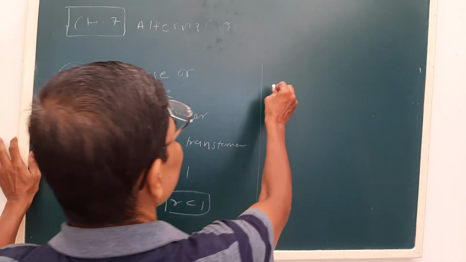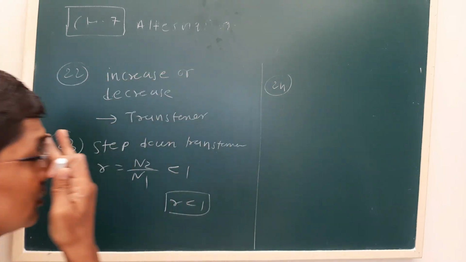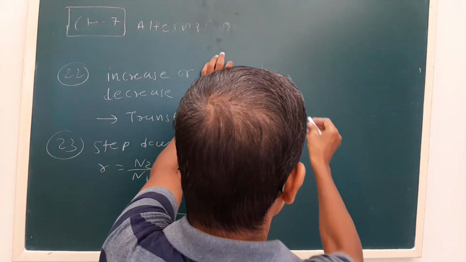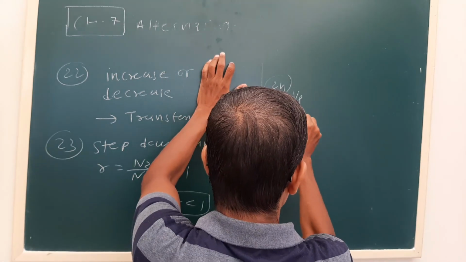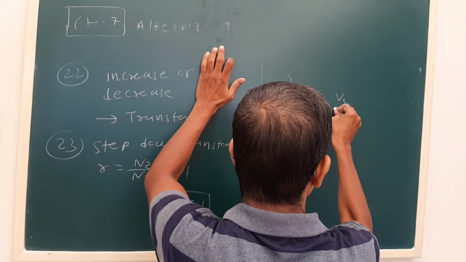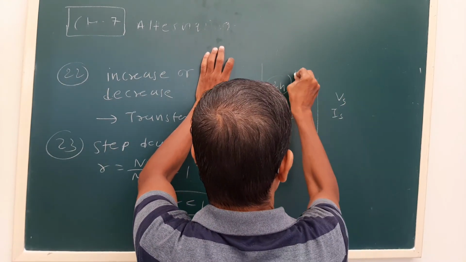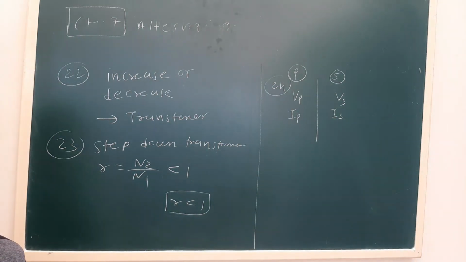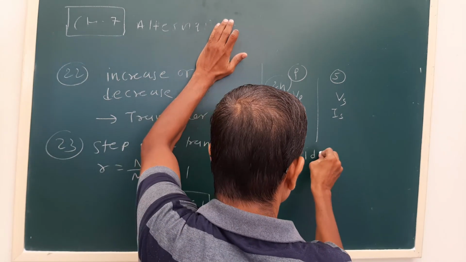Now see, the next is also related to transformer. Here Vp is the primary voltage, Ip is the primary current, Vs is the secondary voltage, Is is the secondary current, P is for primary, S for secondary. Now what is the voltage power relation in an ideal transformer?